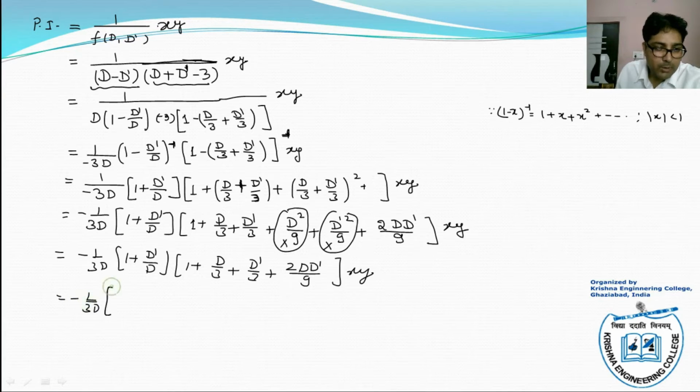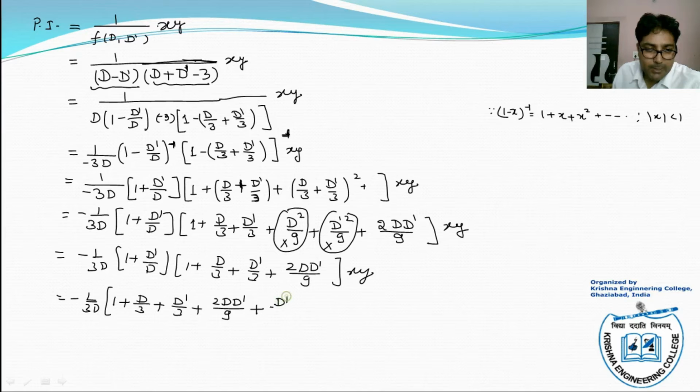Minus 1 upon 3D. We multiply it 1 by 1. So we multiply first by the whole term. This becomes as it is, D by 3 plus D dash by 3 plus 2DD dash by 9, plus the multiply D dash by D. This becomes D dash by D plus the multiply D dash by D into D by 3.